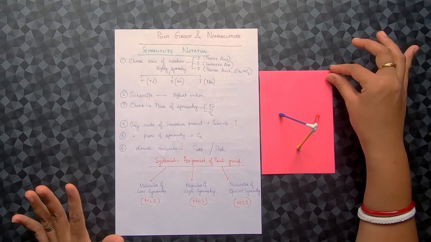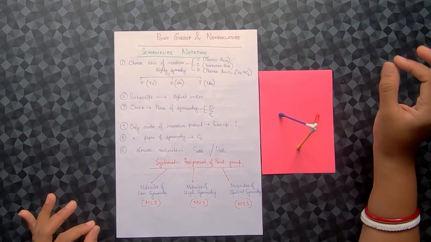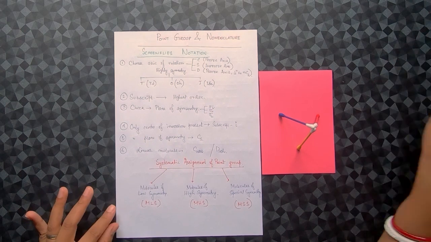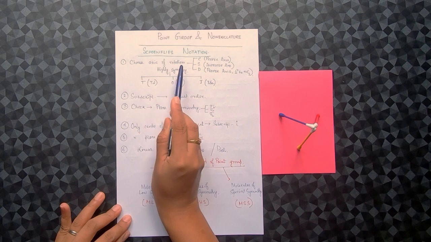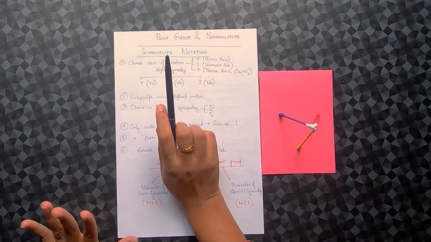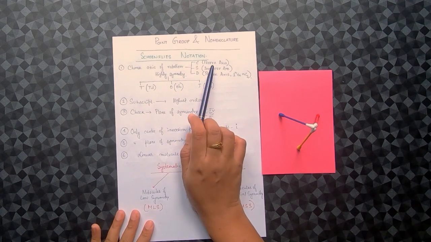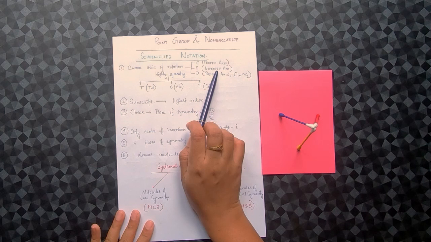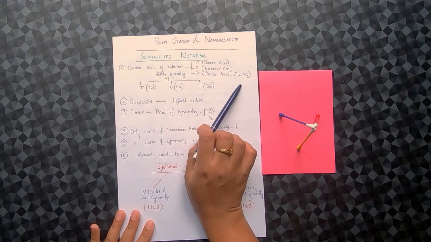Whenever we are going to do the Schoenflies nomenclature for a particular point group, first thing we need to choose is the axis of rotation. Okay, so depending on the axis of rotation, the name can be different. So C we are going to use for proper axis, S for improper axis, D for proper axis perpendicular to the principal C2 axis.